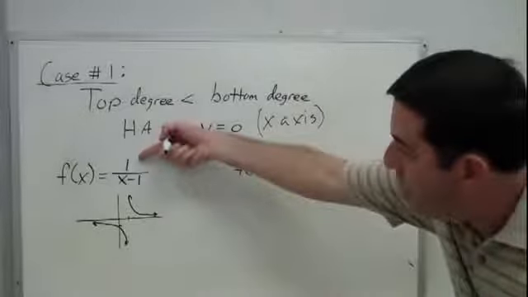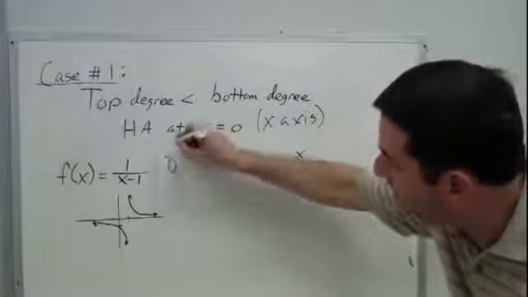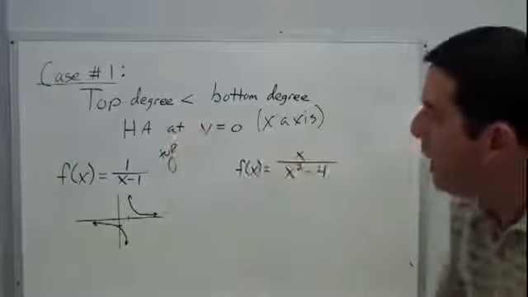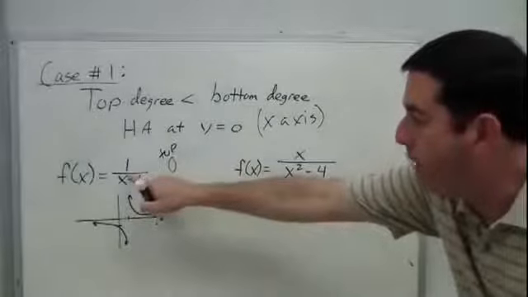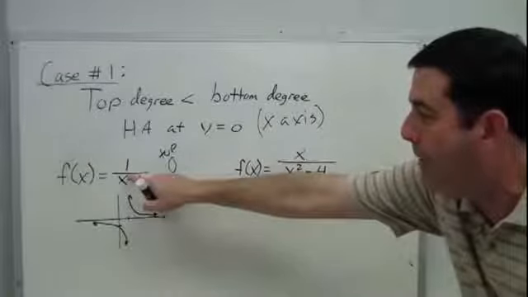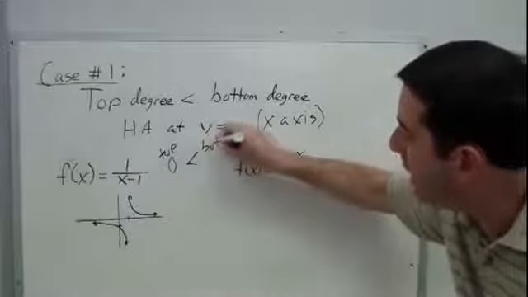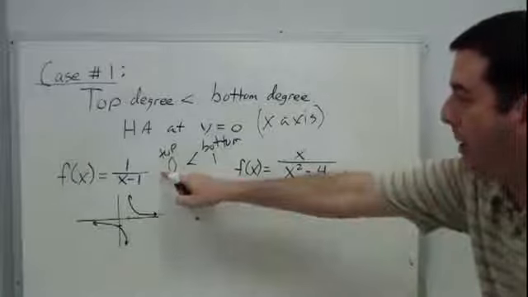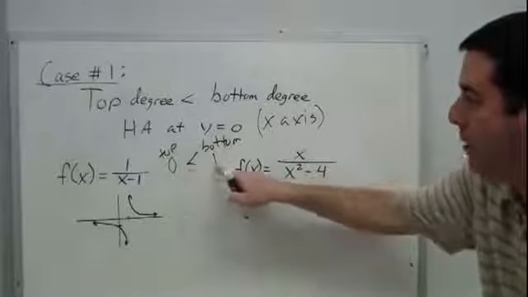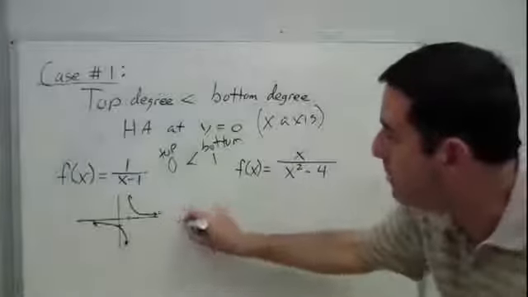For this one, a constant value has a degree of 0, so our top degree is 0. On the bottom, the understood exponent that we have is a 1, so our bottom degree is just 1. Since the top is less than the bottom, then y equals 0 will be our horizontal asymptote.